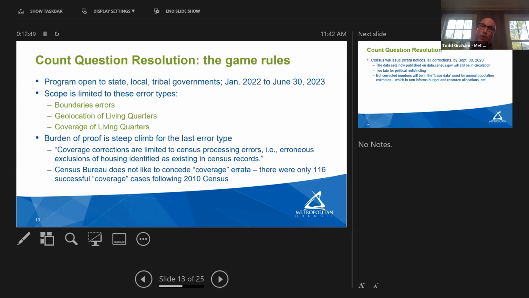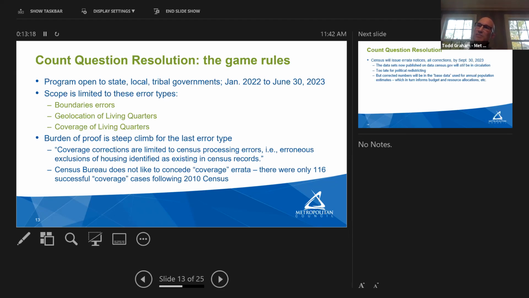And to get to that point, the problems that governments bring need to be in scope. In scope is meaning that the problem neatly fits into these error types: boundary errors or geocoding errors or coverage completeness attributable to a found proven census mistake.